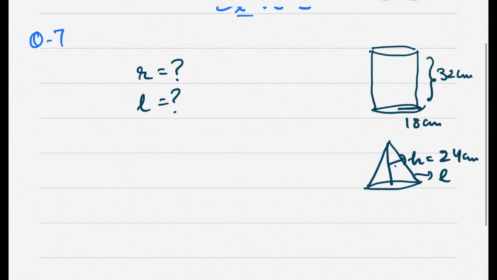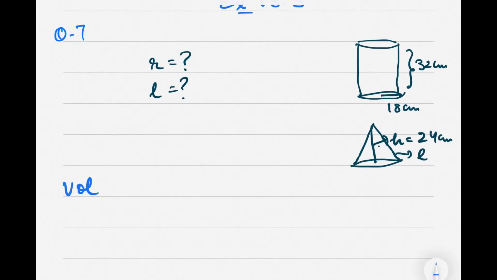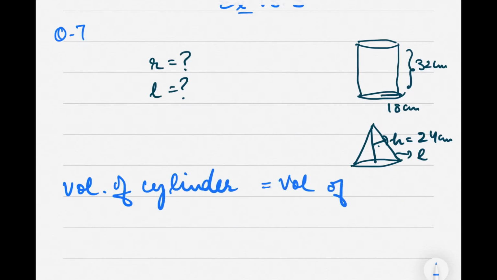Now when we move further, we say that the same sand was used to make this conical heap. So now I can say that the volume of cylinder will be equal to the volume of cone, because the same sand is used.